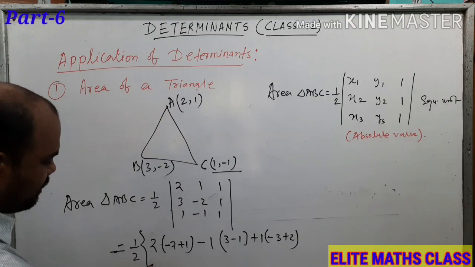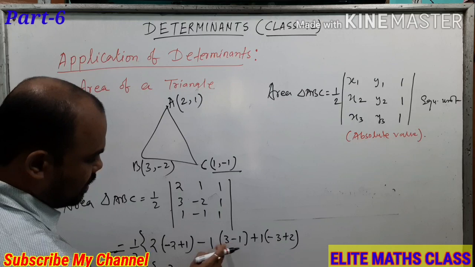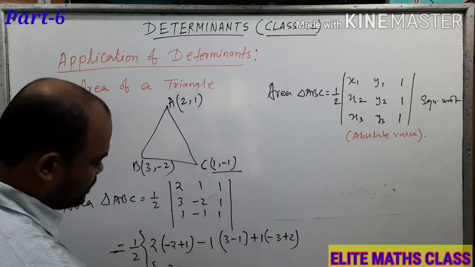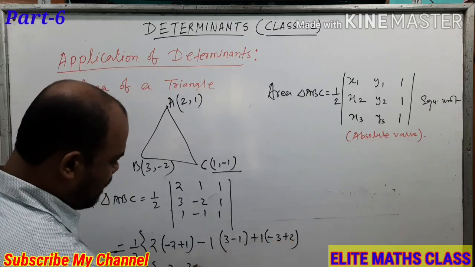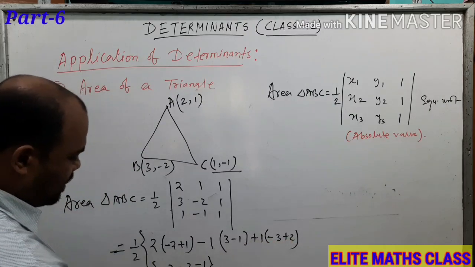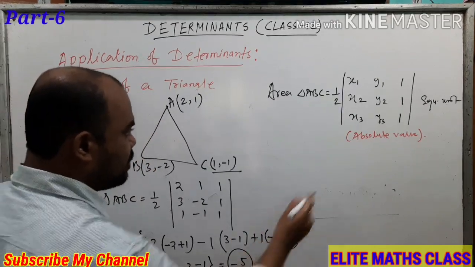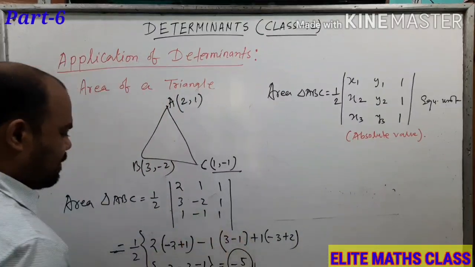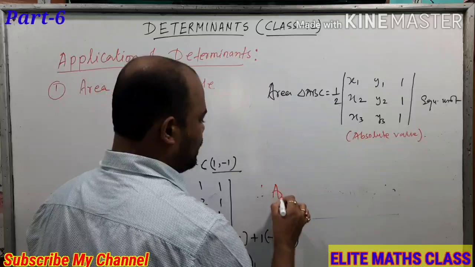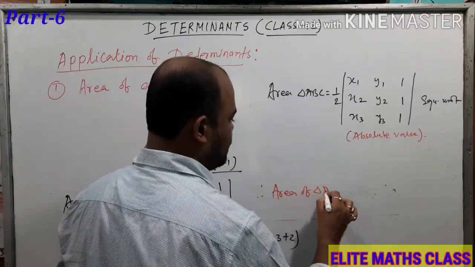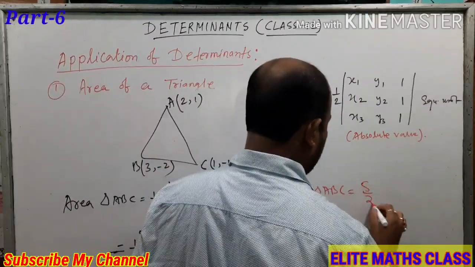So this is equal to half into (minus 2 plus 1), minus 2, here it is 2 into minus 1, minus 2, here it is minus 1 into 2, minus 3 plus 2 minus 1 into 1 minus 1, so in total it is minus 5. So the value is minus 5 by 2. As I have told earlier, if the value is negative, then we have to take the positive value only. Therefore the area of triangle ABC is 5 by 2 square unit.